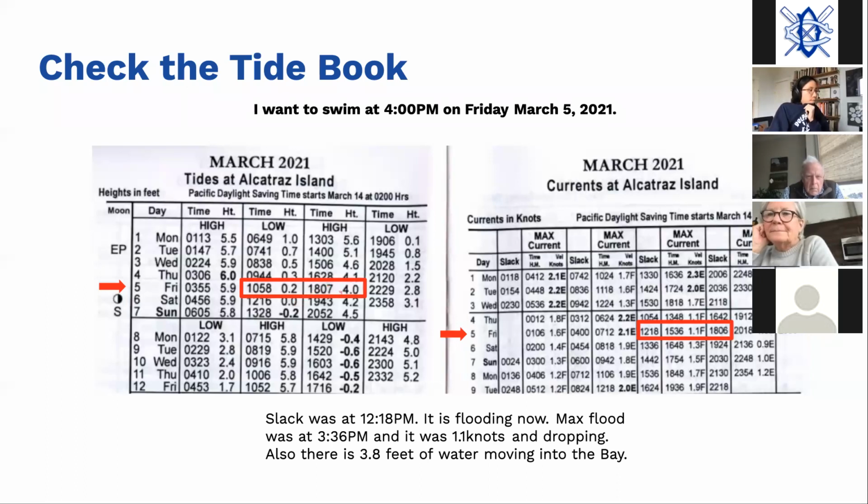So it is currently flooding. Now, how strong is this flood? Well, not that strong. The max current is about 1.1 knots. Sounds pretty manageable. And there's just under 4 feet of water moving.